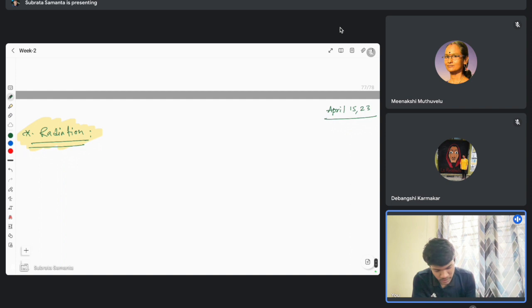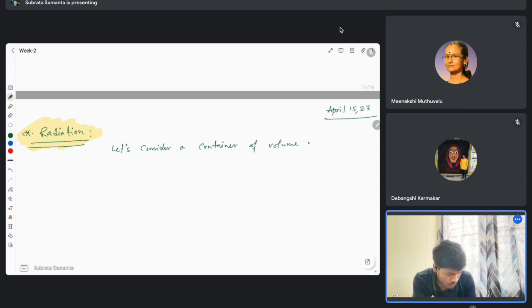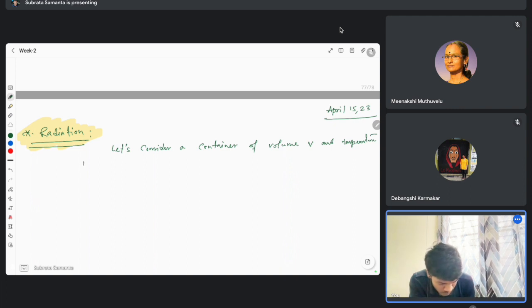So let's consider a container of volume V, held at temperature T.